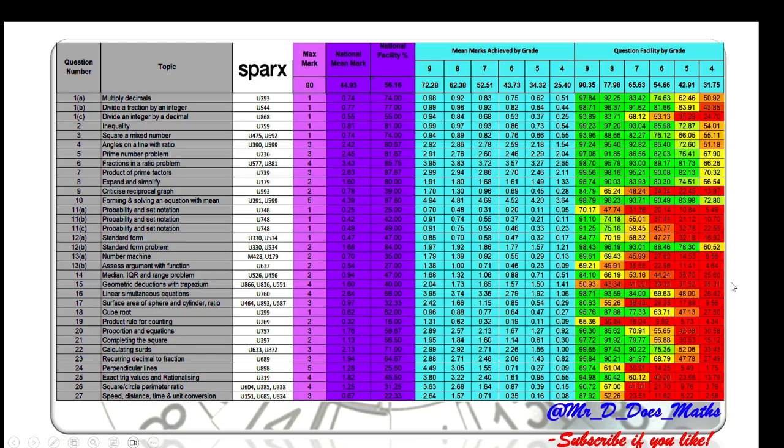The questions are designed to be in order of difficulty, but they don't really know how that works out until students have actually sat the papers. So it's quite useful for finding how well the questions were done by other students. Right, enough of me talking about that, and we will start the paper.